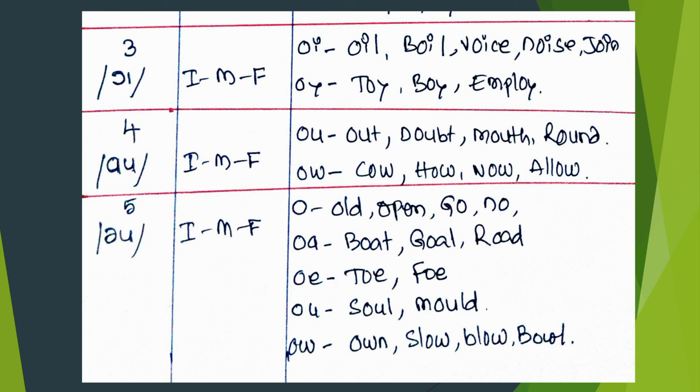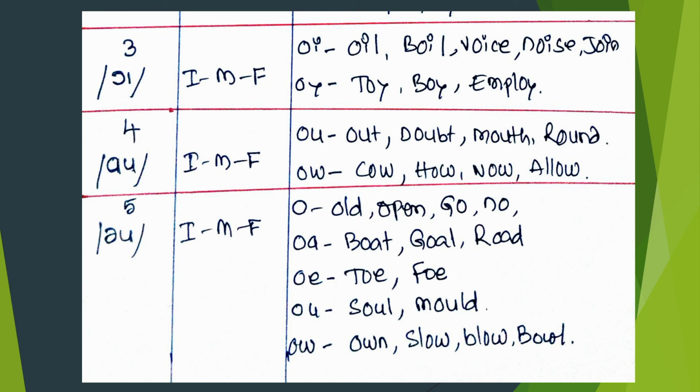Now let us see the spelling. With what letters do we represent this sound? Only two are there. One is OI, in words such as OIL, oil, BOIL, boil, VOICE, voice, NOISE, noise, JOIN, join.